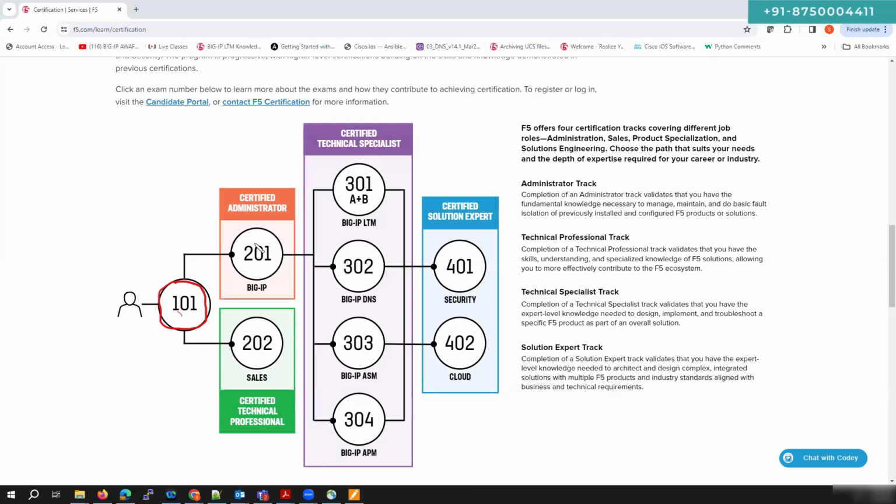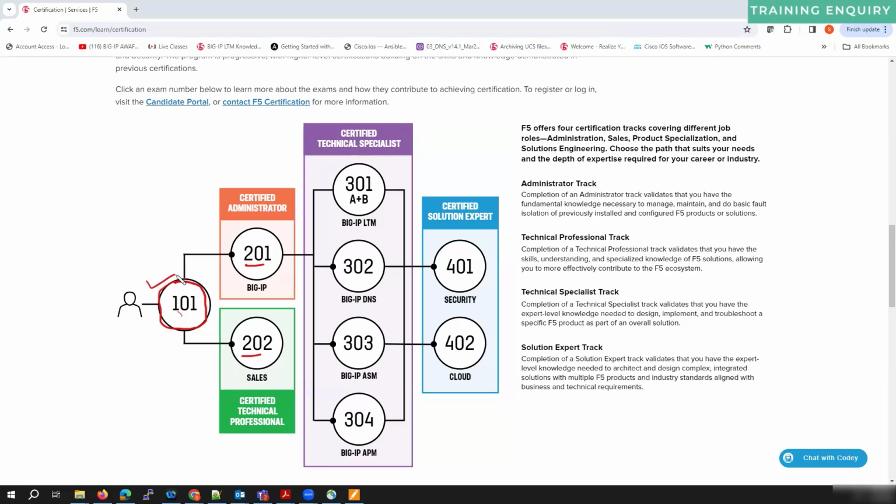The minimum requirement, the dependency, is the 101 exam. You must obtain this 101, that's mandatory, and there is no bypassing. In F5 there is no bypassing. In Cisco, people sometimes do bypassing, which is technically available, but in F5 there is no way to bypass any certification.